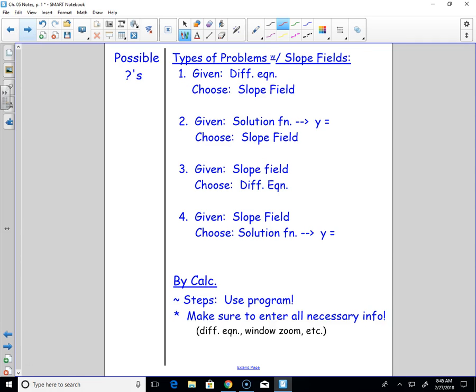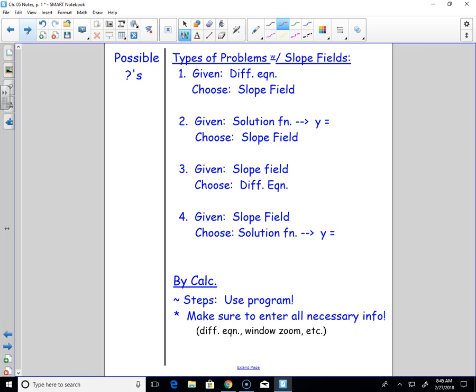Here are the different possible questions that you might get having to do with slope fields. You might be given a differential equation.